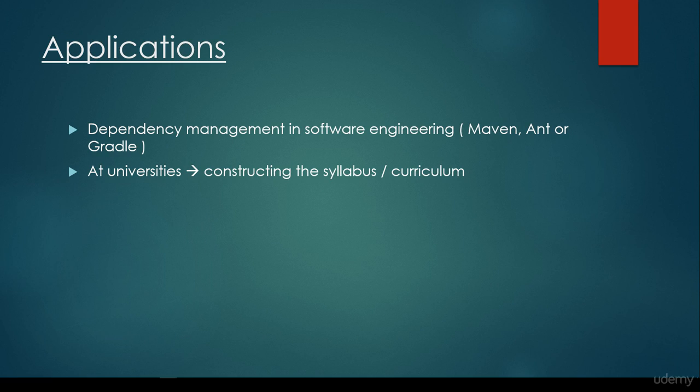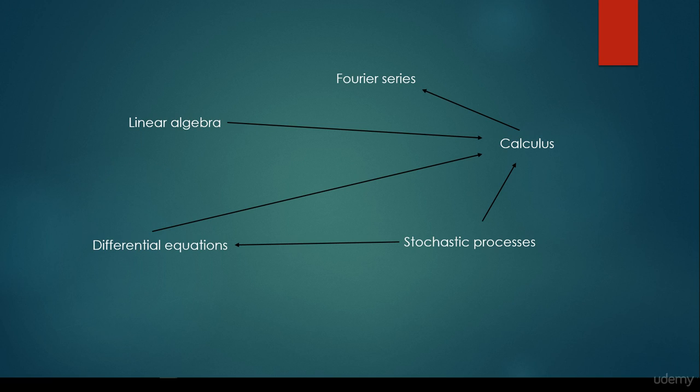What are the applications? For example, dependency management in software engineering with Maven, Ant, or Gradle. And for example, at universities, constructing the syllabus or the curriculum. Let's suppose that we have 5 subjects we have to complete: Fourier series, calculus, linear algebra, differential equations, stochastic processes.